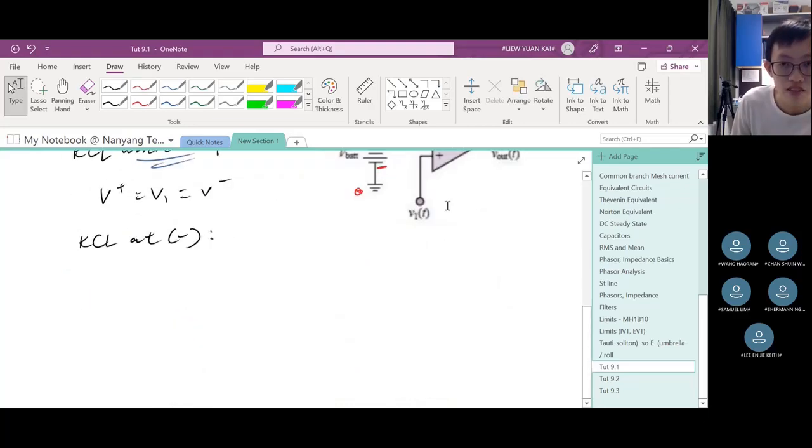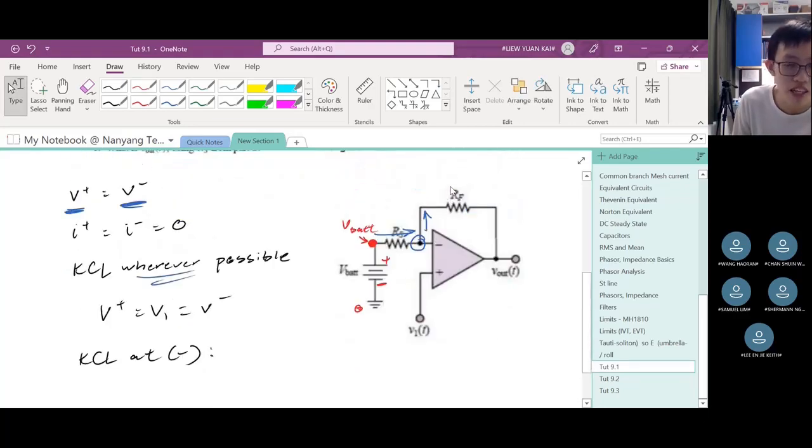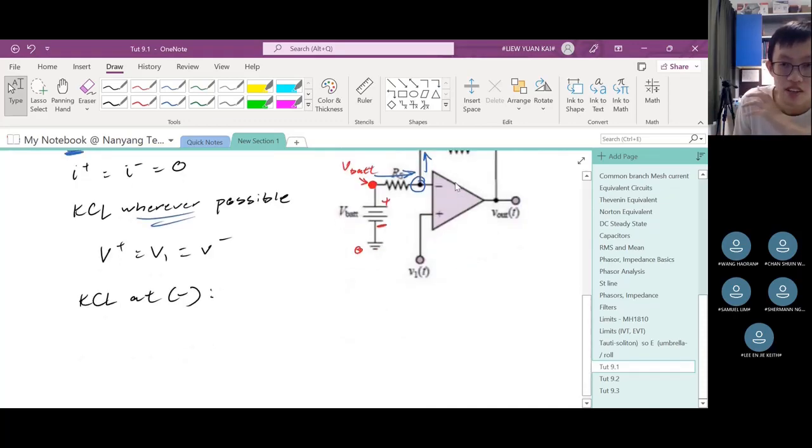Okay. So for the time being, we're gonna do it like last time. Keep everything in algebra. Don't be tempted to sort all the values in straight away. Okay. Keep your working all in algebraic terms. So let me say again. Current going in equals to current going out. So the current going in is V start minus Vn. So we call this V minus.